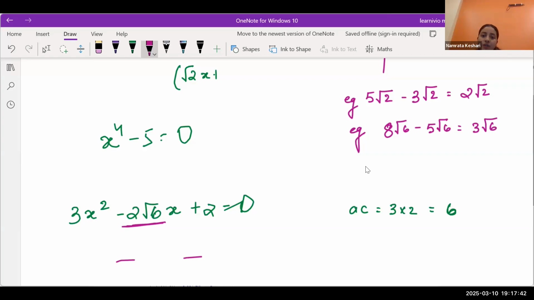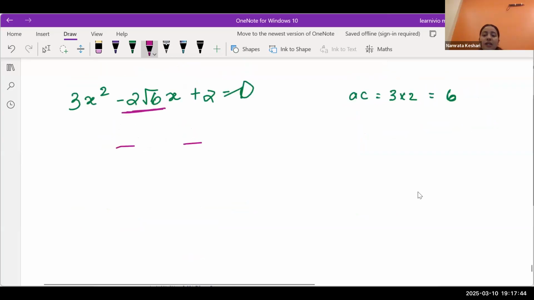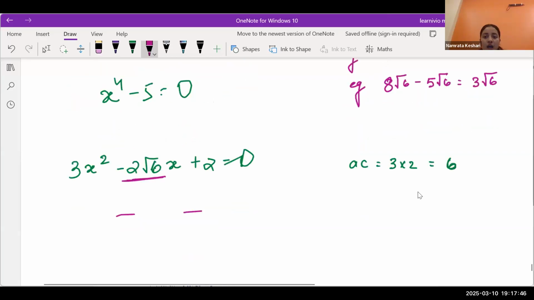Yes, ma'am. Okay, so AC multiplied together is 6 and we are searching for two numbers, but we are sure about one thing, that both the numbers must contain root 6. Now in front of root 6 whatever is there, but root 6 has to be there, then only when we add or subtract will the answer reflect root 6. Getting it, Rayyan? Yes, ma'am. Okay, now these two numbers multiplied together will give us the AC which we are having.